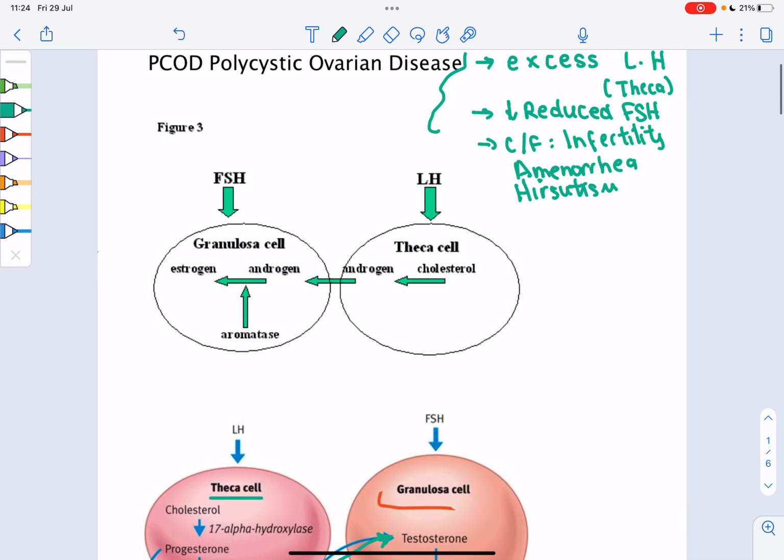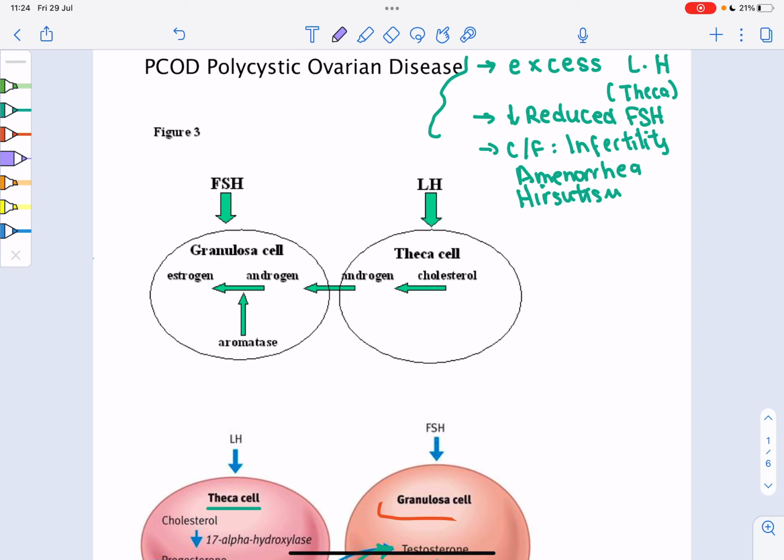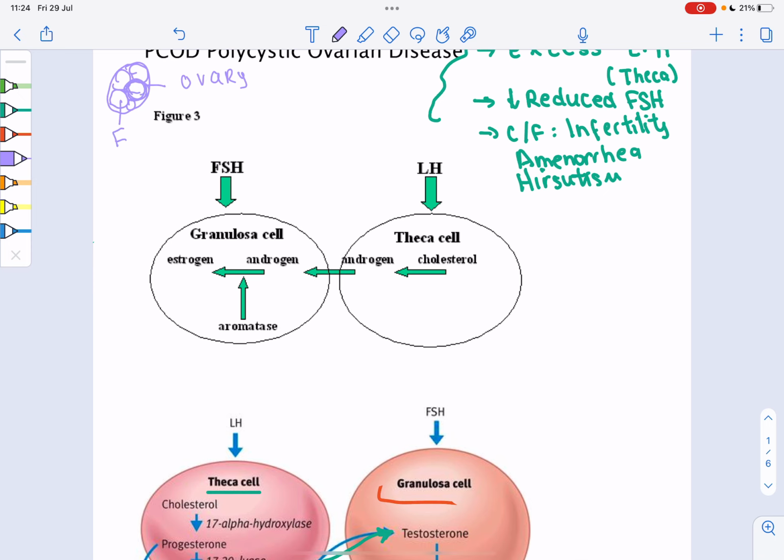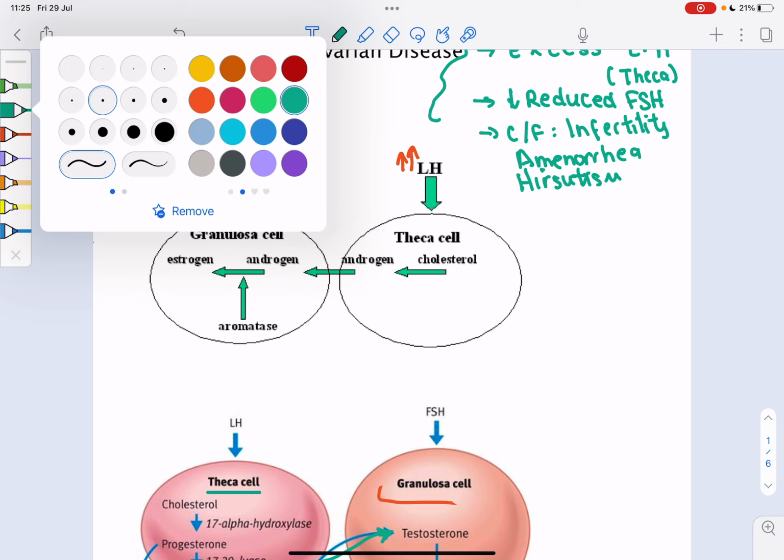So how can an elevated luteinizing hormone cause such a disease in which the ovaries, the follicles become enlarged and cystic? This is the whole ovary. In it were the follicles, which were the functional units, and these become enlarged and filled with fluid. How? Well, luteinizing hormone rises. Let's talk about the pathophysiology.